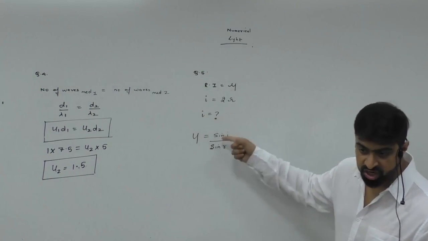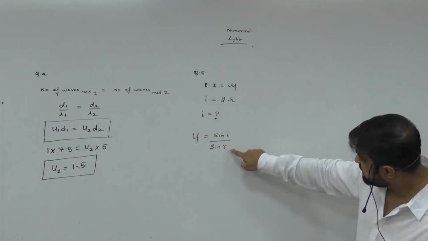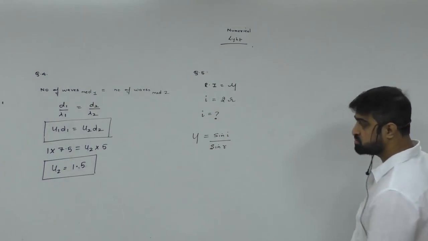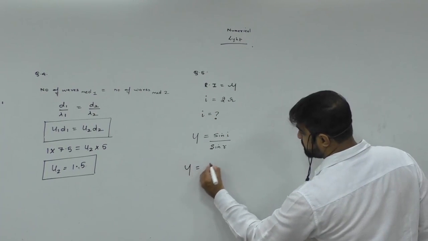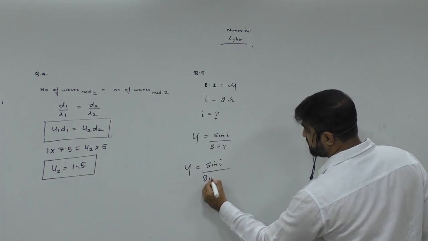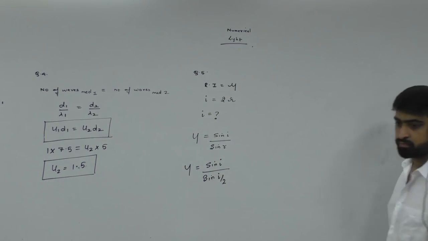I. तो डोंट टच I. I को हम नहीं टच करेंगे. Can I write R as I by 2? So mu will become sin I, sin R, but R की जगह can I write I by 2? Yes or no?